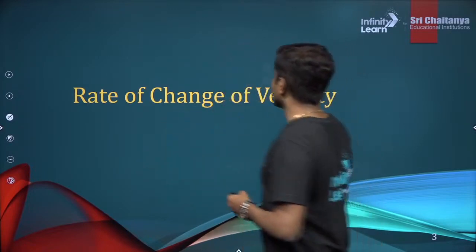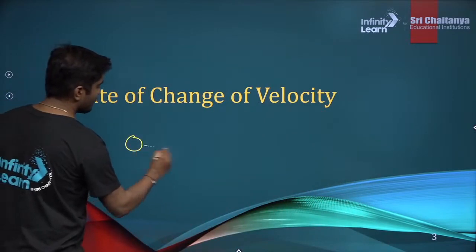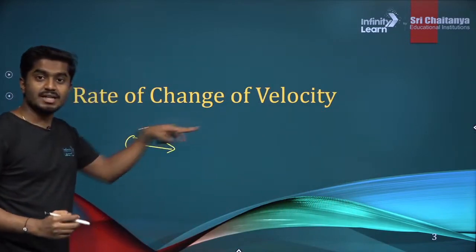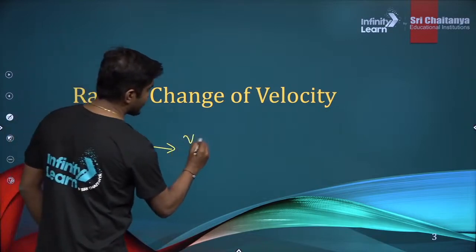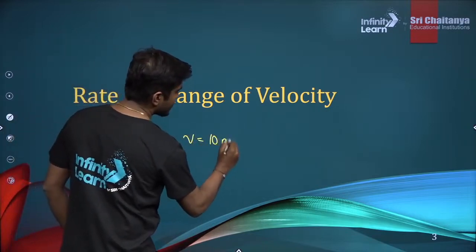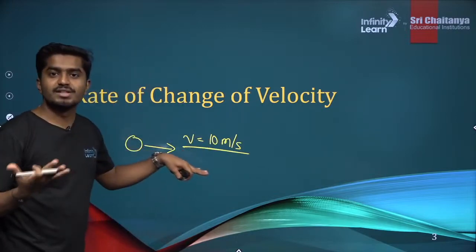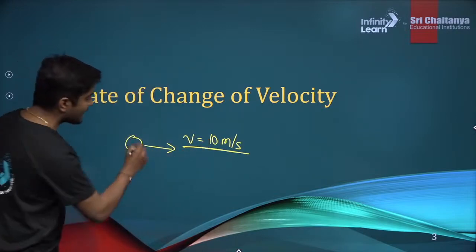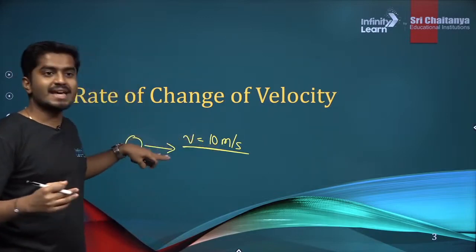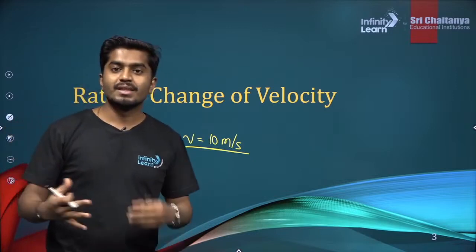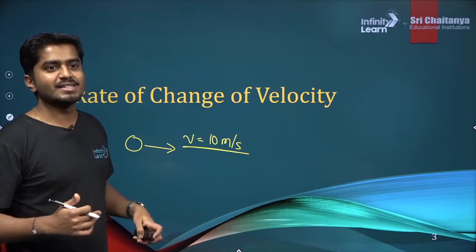For example, if there is an object moving in a particular direction with some speed, let's suppose 10 meters per second, this will be the magnitude of the speed or the velocity, and there is a direction. If you combine these two, magnitude as well as direction, then you get the vector quantity, that is our velocity.